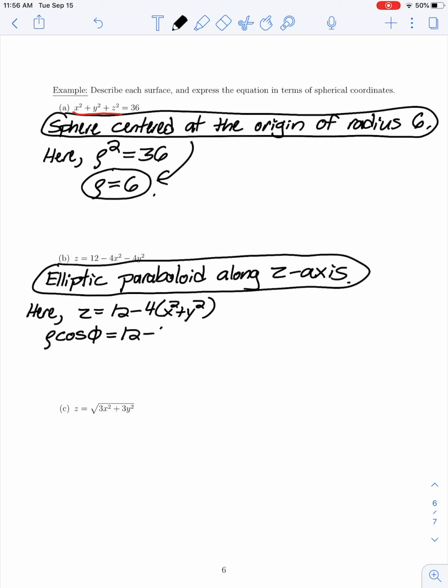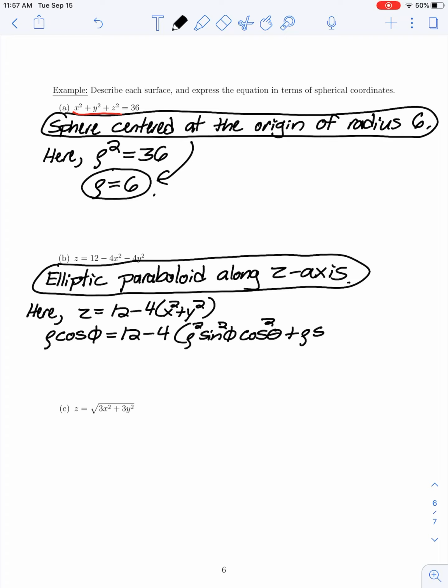That's equal to 12 minus 4 times, okay, let's look at x squared plus y squared. So x in terms of spherical coordinates is given by rho sine phi cosine theta, but we were squaring x, so that would give us rho squared sine squared phi cosine squared theta, and then plus y squared.